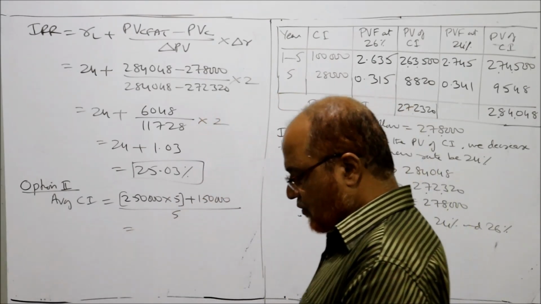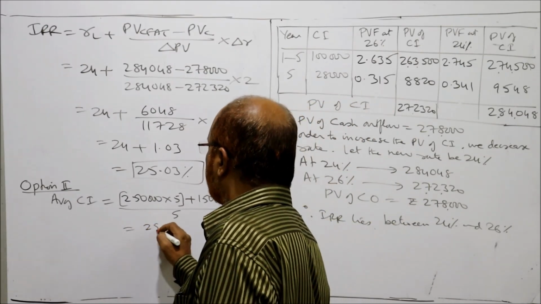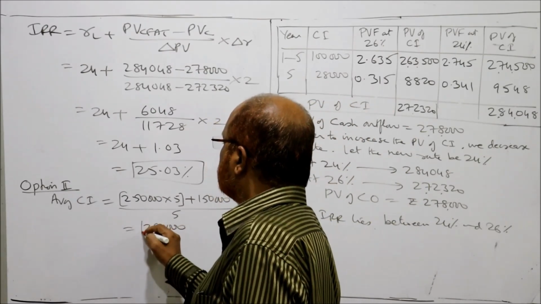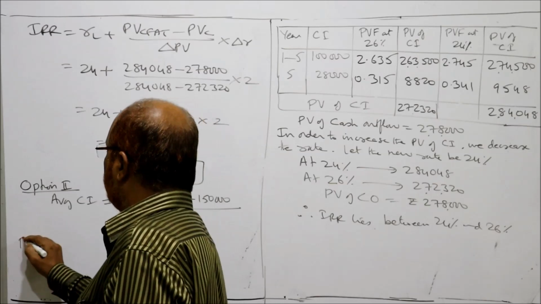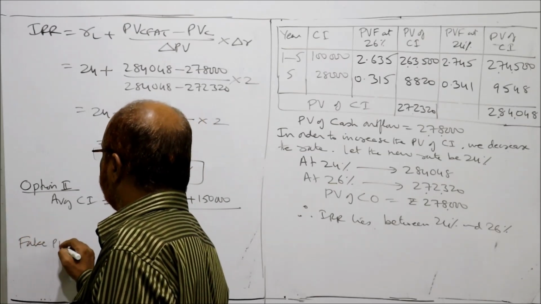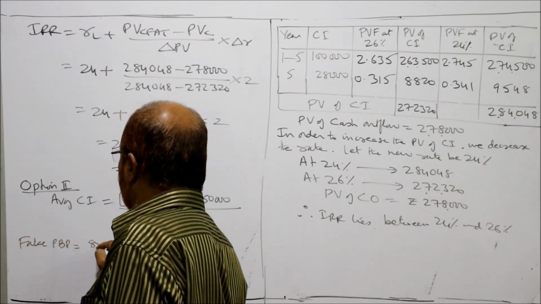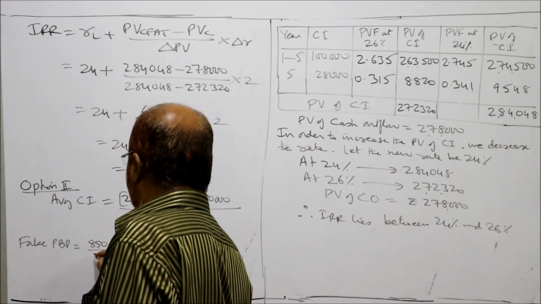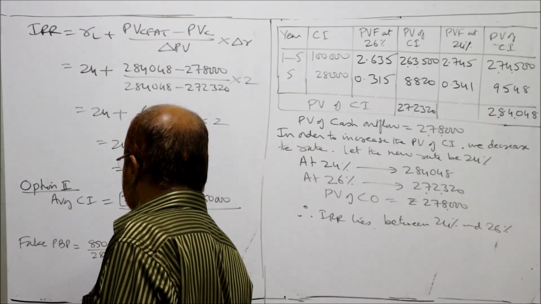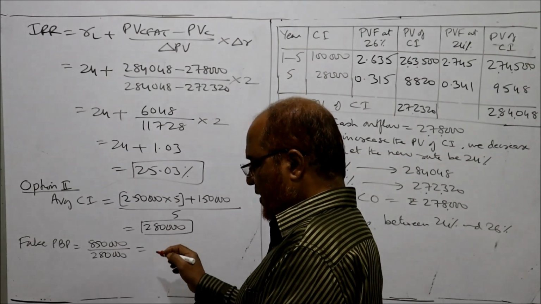So average cash inflow we are getting is 2,80,000. Fake PBP: 8,50,000 divided by 2,80,000.